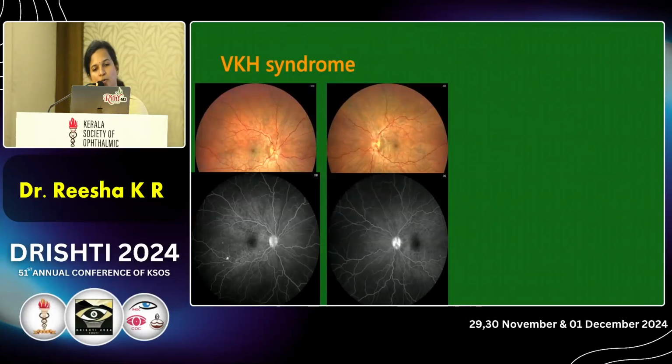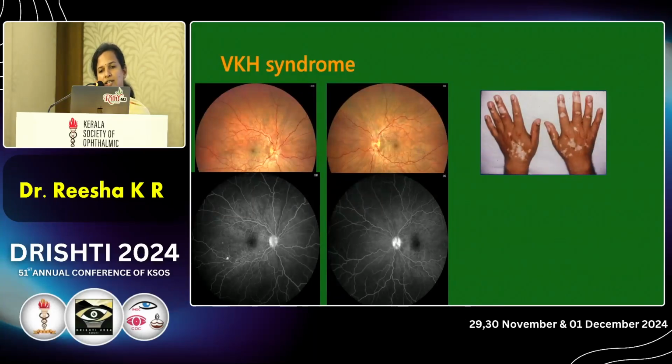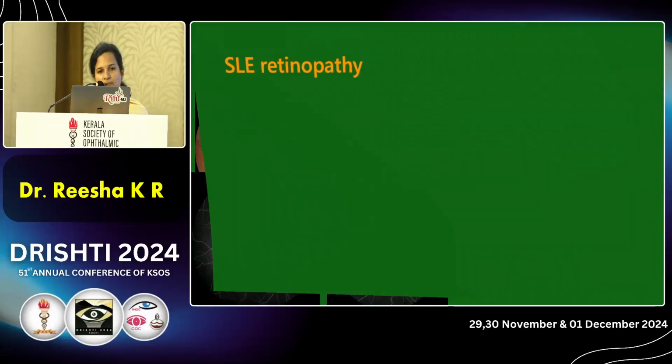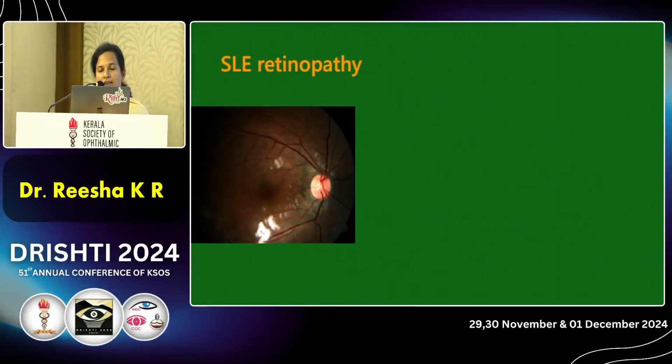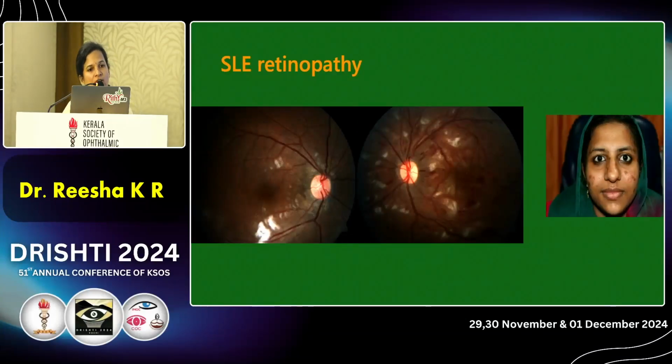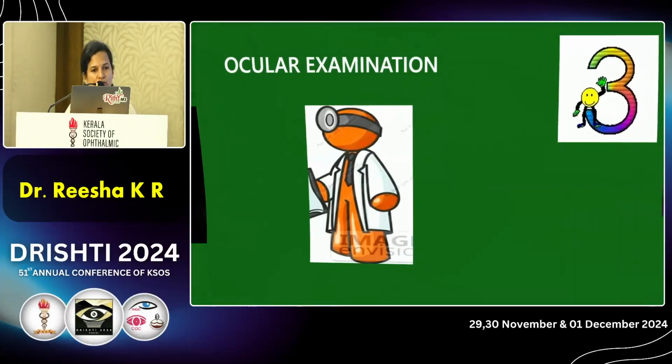Next, bilateral posterior uveitis with disc leak and pinpoint leaks in FFA. Patients may or may not have systemic findings like alopecia and vitiligo in a case of VKH syndrome. Again, a young lady presented with bilateral occlusive vasculitis and a malar rash, so it's a case of SLE retinopathy.